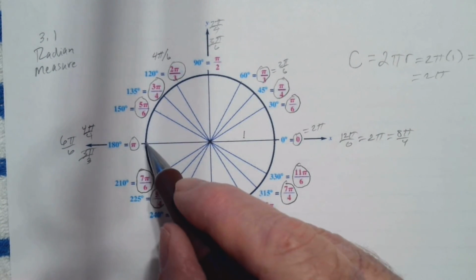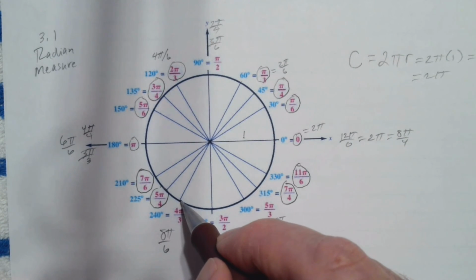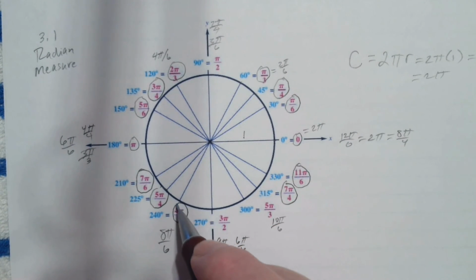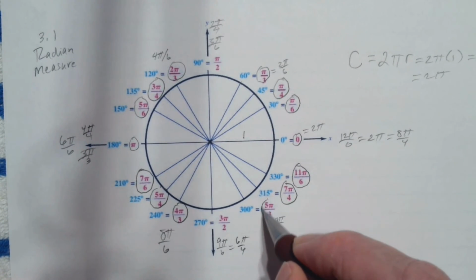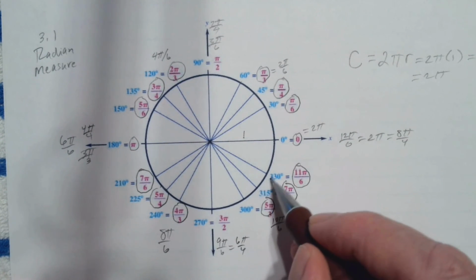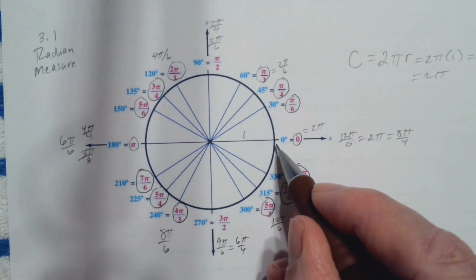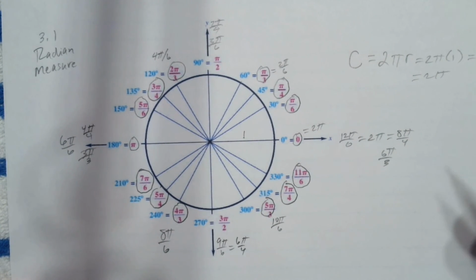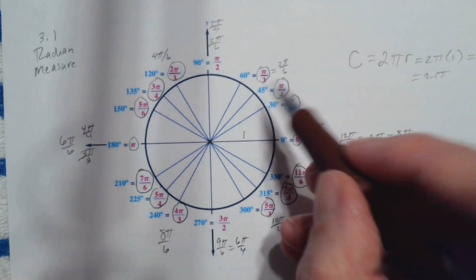Another 60 degrees, or pi over 3, so we had 3 pi over 3, now we're at 4 pi over 3. Another pi over 3, we're at 5 pi over 3. Another pi over 3, we're at 6 pi over 3, which is 2 pi. So notice again, there's 4 that we need to get to know.